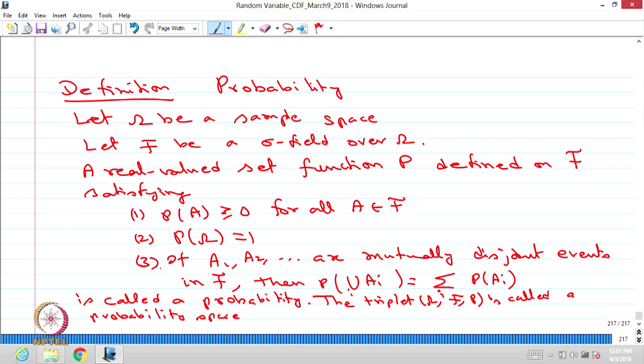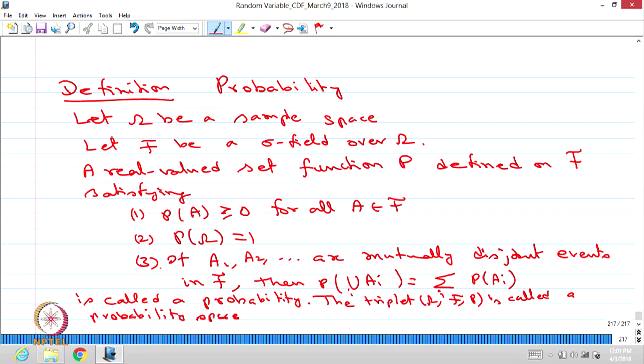It is a real valued function, that means it could be minus infinity to infinity. Since P of A is greater than or equal to 0, that restricts it from 0 to infinity. The second condition, P of omega equal to 1, makes it lie between 0 and 1. Therefore, the domain is F, and the range of P is the closed interval from 0 to 1. It can start from 0, it will end at 1. Now, we will come to the third condition.